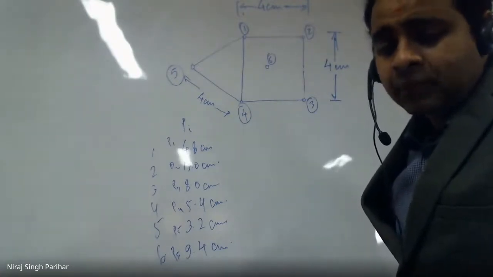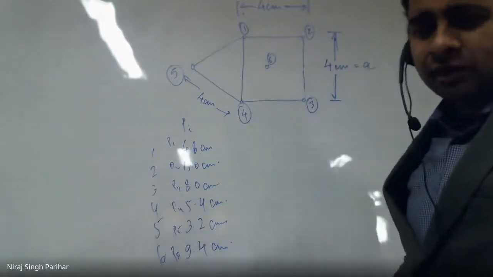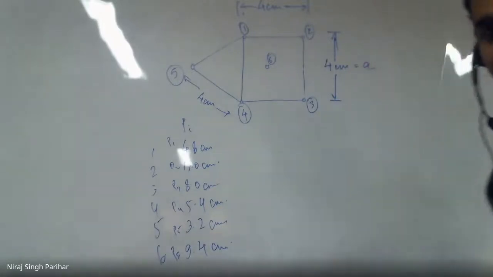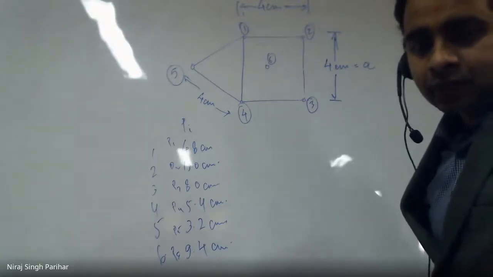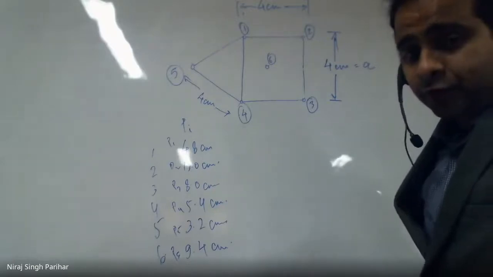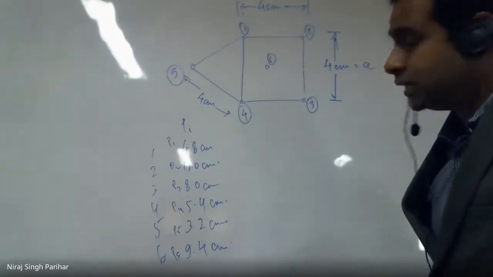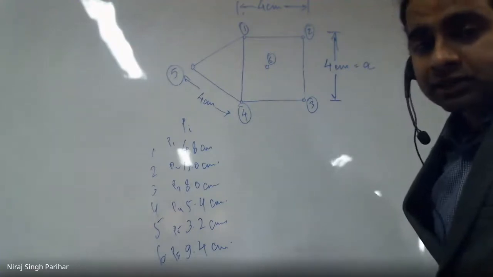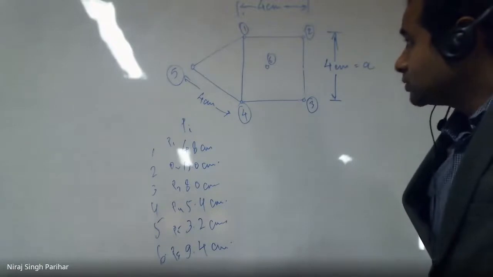Now for the calculation purpose, let's denote the side by A. Later on we'll put the value. Now what we have to do? First we have to assign a particular area to each station. So how are we going to divide this?